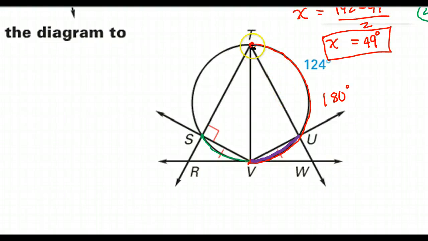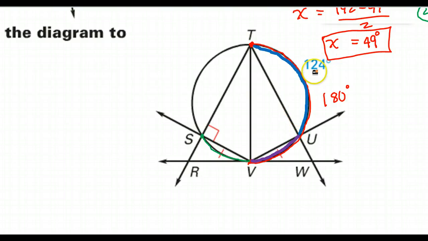I want to use blue for this arc up here, the arc that starts here and goes around like this. I wanted it to be blue because we already are given that angle, and it is already written in blue. So this 124 degrees is this blue angle right here.